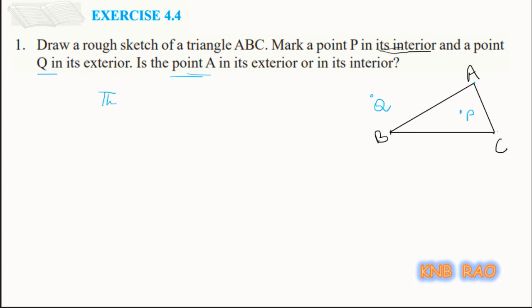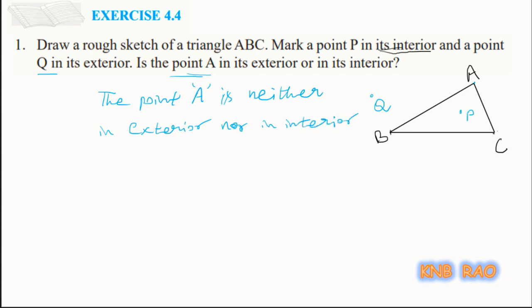So the point A is neither in exterior nor in interior. It is on the triangle ABC. So it's a point which is part of the triangle ABC.